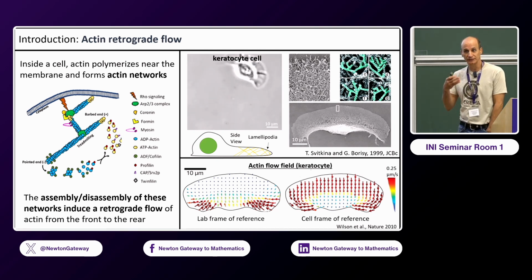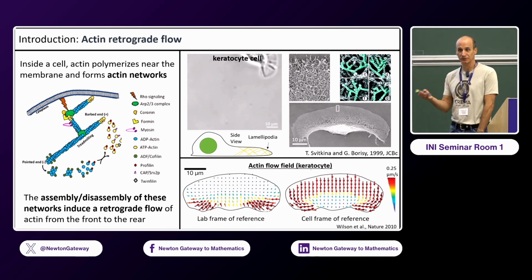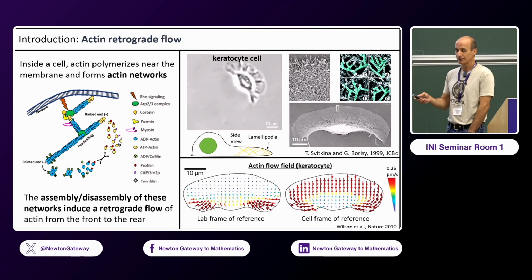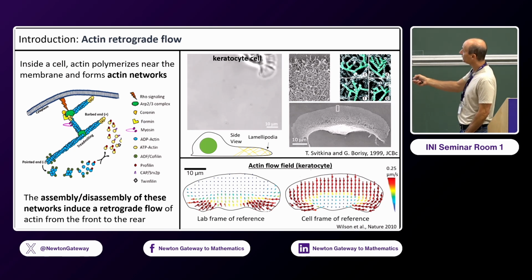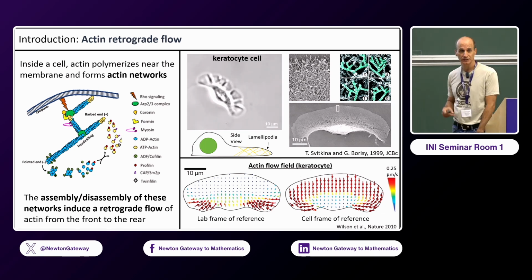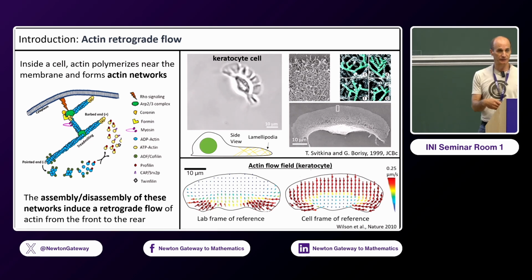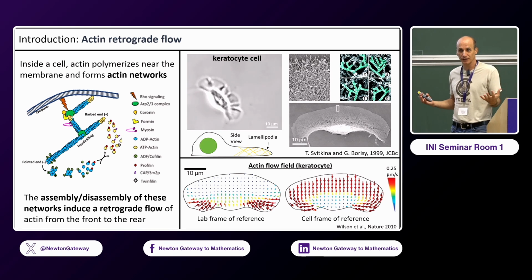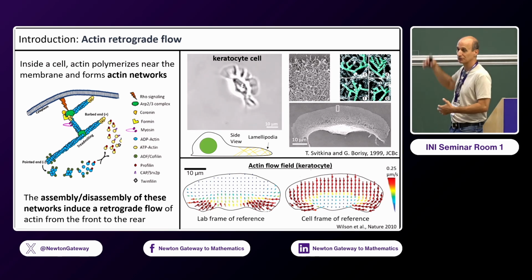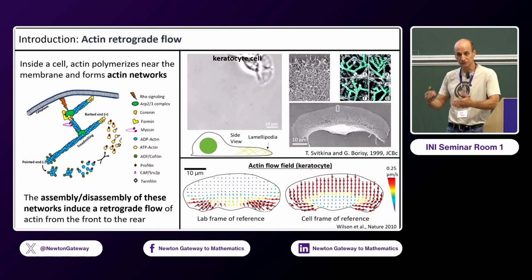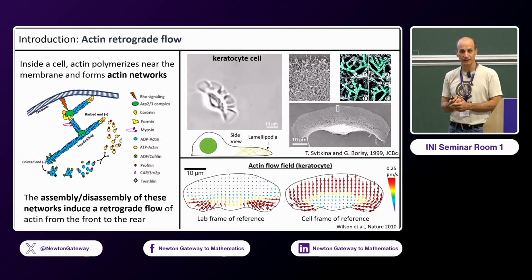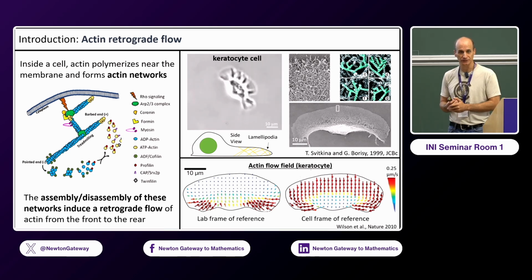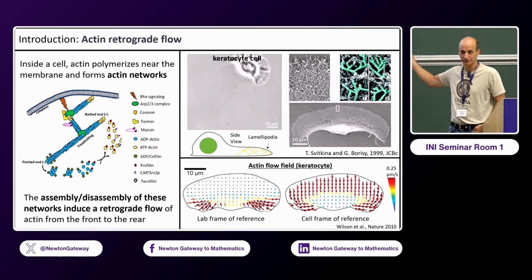Now, there is, of course, an energetic cost, so you have to pay with fuel, and the fuel of the cell is ATP. So continuously, the cell, while polymerizing and depolymerizing these polymers, is utilizing ATP, converting it into ADP. Of course, the idea is that the cell is always in good health, has lots of sugar in the solution or whatever it needs in order to produce fresh ATP out of that ADP, so it can continuously be alive and sustain that motion.